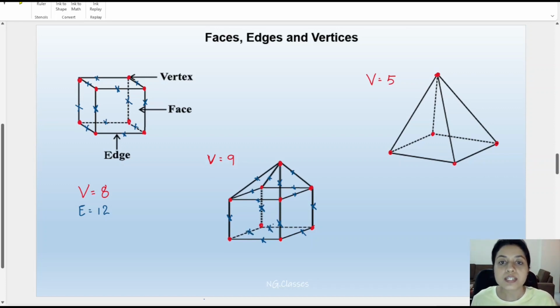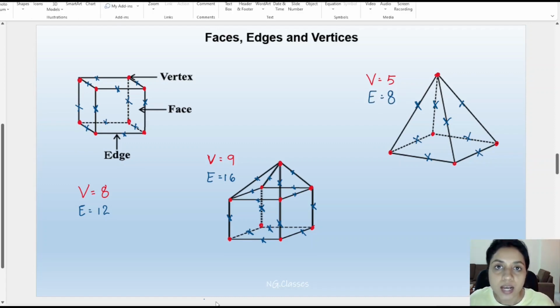So a total of 16 edges are there for the next one. Let's count the number of edges of a pyramid. 1, 2, 3, 4, 5, 6, 7, and 8. A total of 8 edges are there.